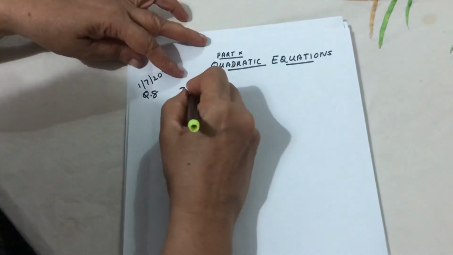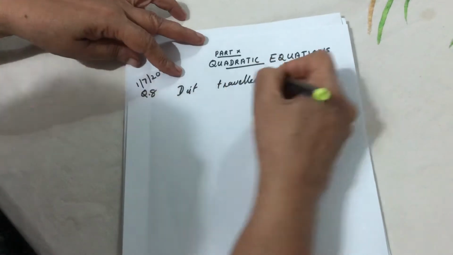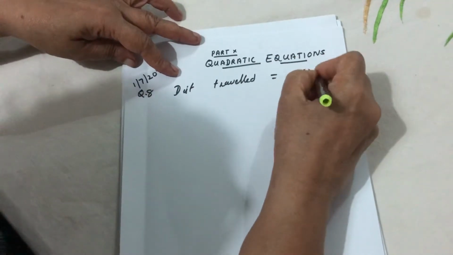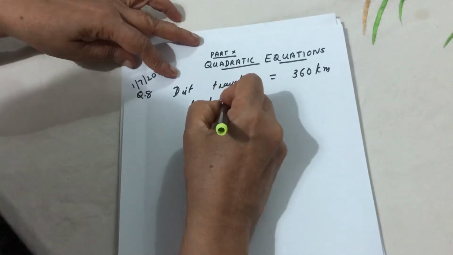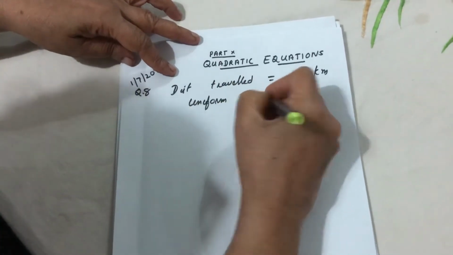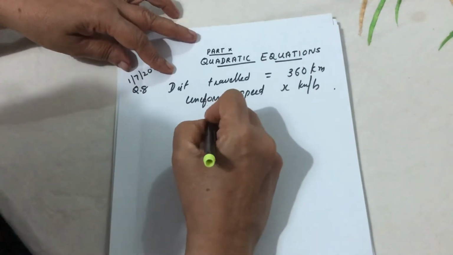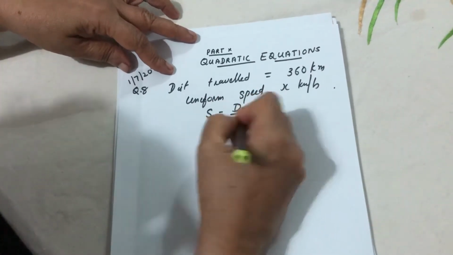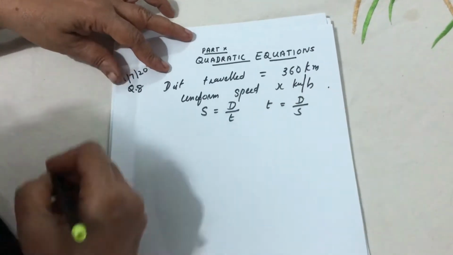So distance traveled is 360 km. We are taking uniform speed x km per hour. So speed is equal to distance by time, t is equal to d by s, distance by speed.